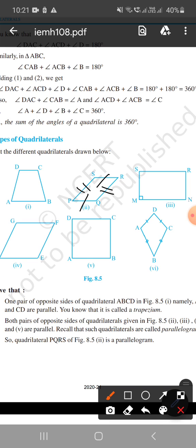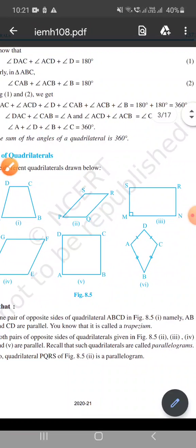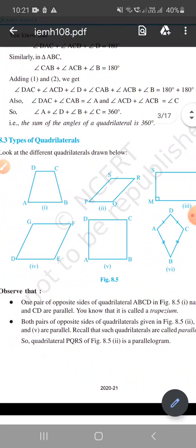And let's talk about figure 5, that is a square. A square is a type of rectangle having all sides equal. Now the fourth one, it's a rhombus, right? A rhombus is also a type of parallelogram having opposite sides parallel, but the difference between a rhombus and a parallelogram is that in a parallelogram opposite sides are equal, but in a rhombus all four sides are equal, right?